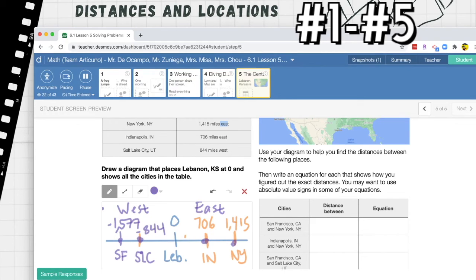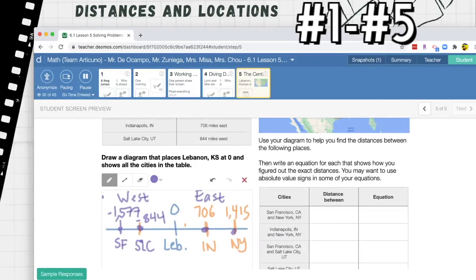Alright, now use your diagram. I'm going to do one of these for you, but after that, I'm going to ask you to try this out yourself. Now use your diagram, use your number line, to help you find the distances between the following places. So, how do we figure out the distance between San Francisco and New York?